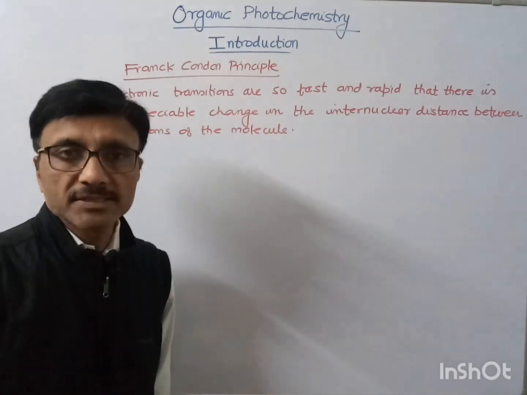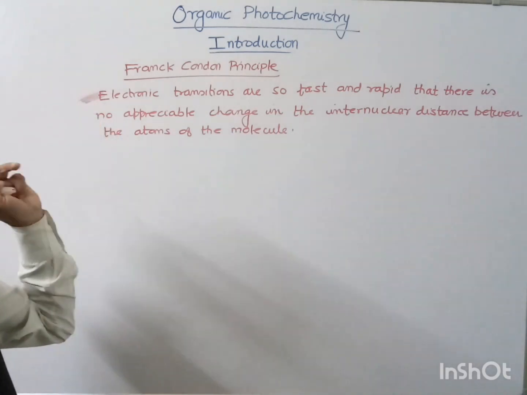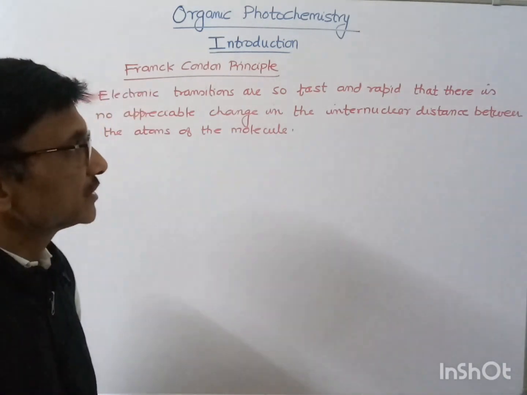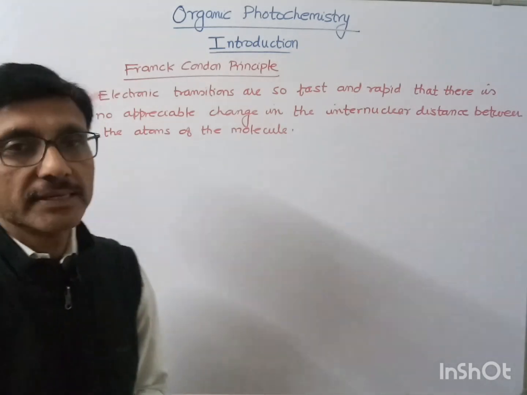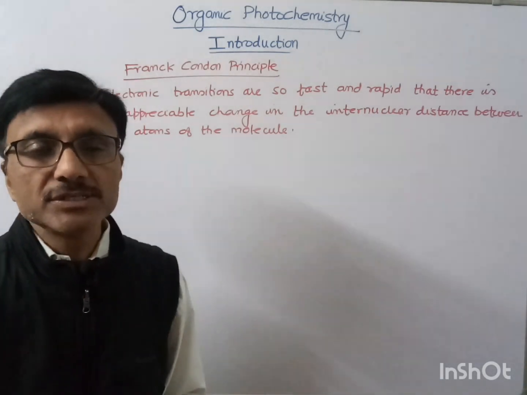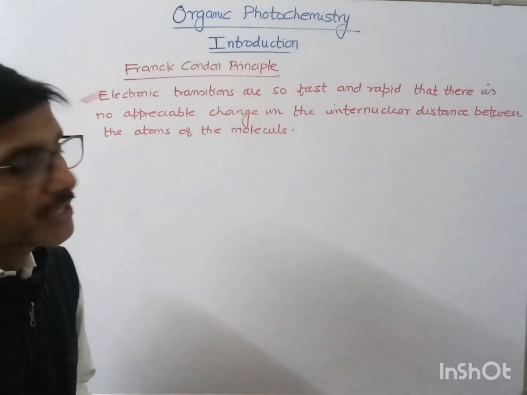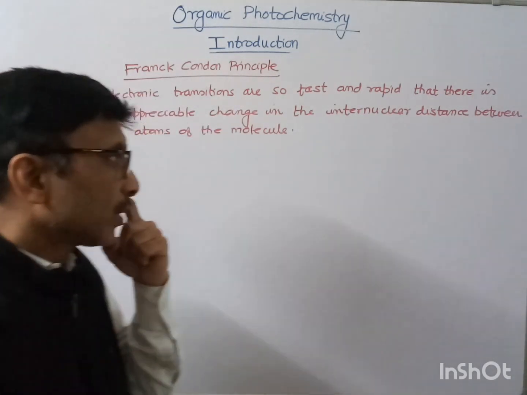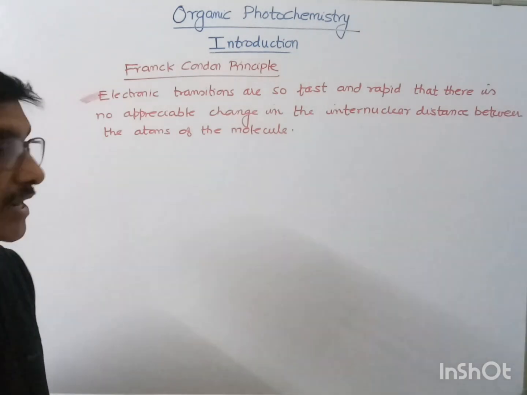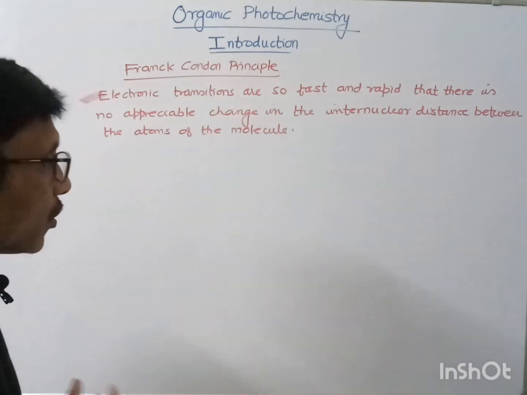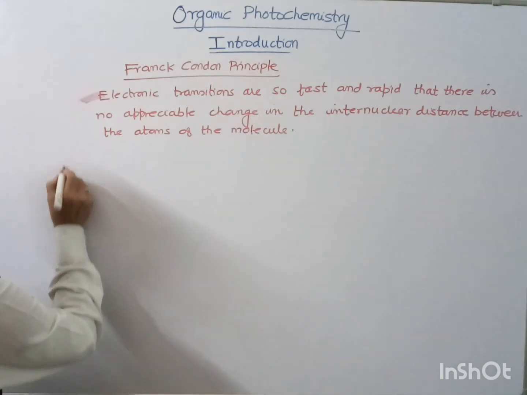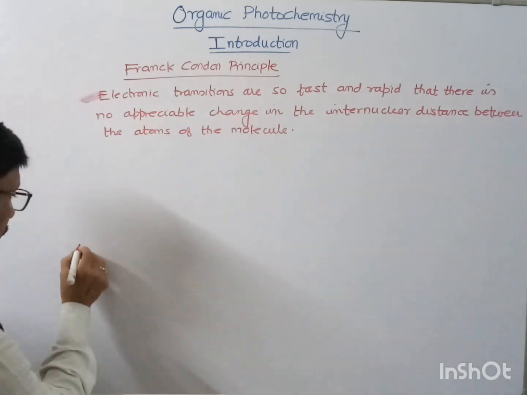Let us understand this. The principle tells that electronic transitions are so fast that in that time there is no change in the internuclear distance between the atoms of the molecule. How can we understand it? We can understand it with the help of the Morse curve.